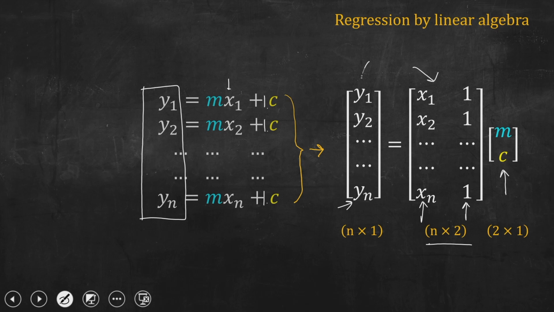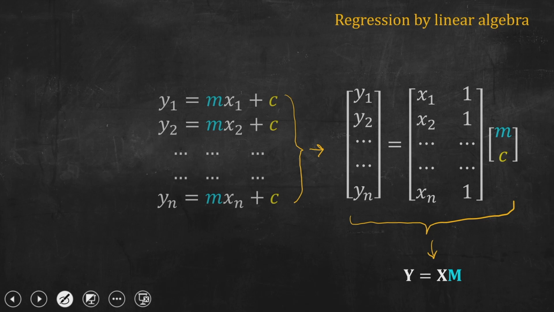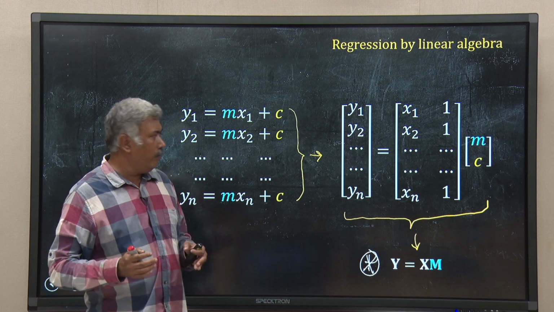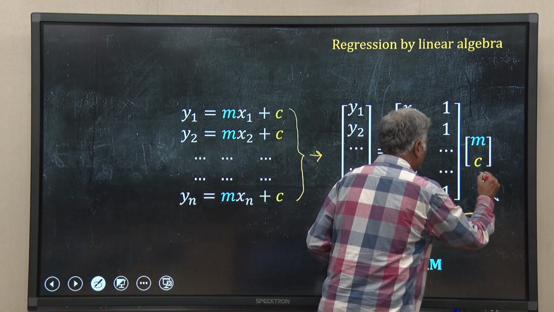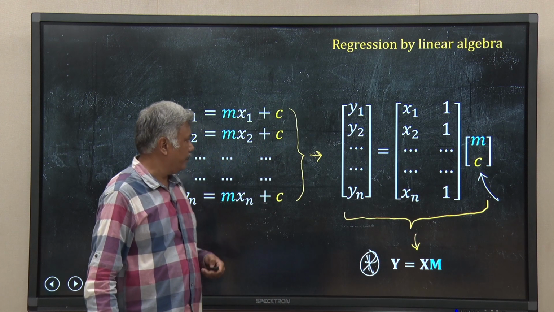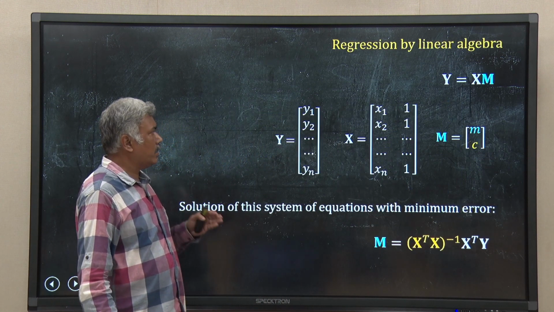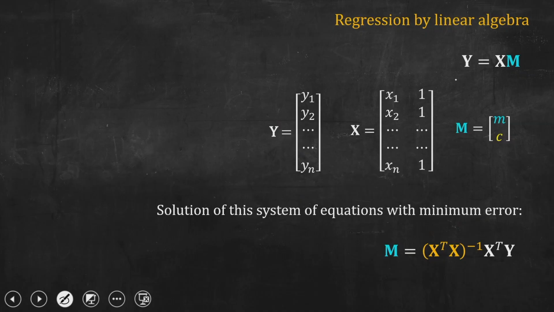This y vector we will call y bar, this matrix we can call x, and this we will call m bar, suppose. So, that is what I have written here. I have converted the data into a system of equations in vector and matrix format, and I get the y vector equal to the x matrix into the m vector. The m vector is hiding this m and c, which are unknown to me. So, I have a system of equations of the format y equal to x into m, and I have to calculate this m, which has small m and c.